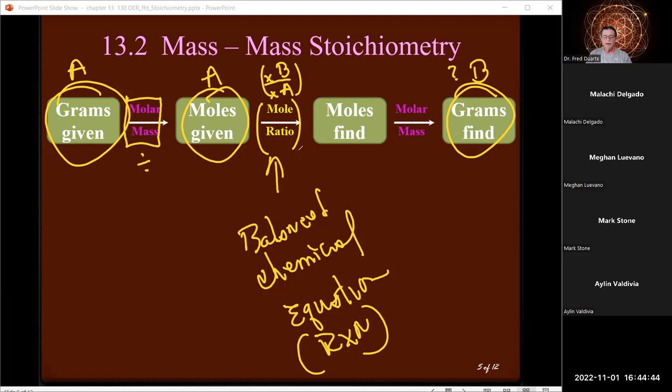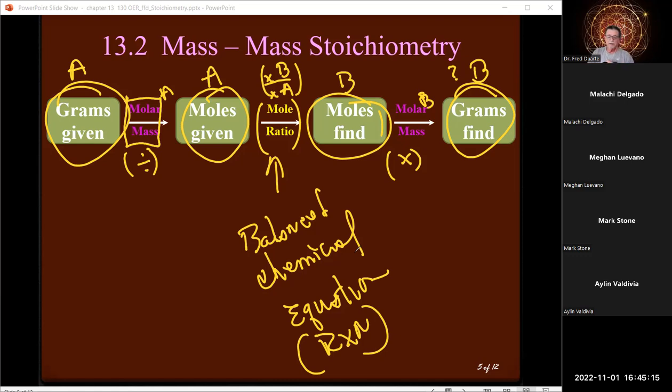And what that does is tell us how many moles of B we're looking for. Knowing the molar mass of B, over here we divided by the molar mass, and generally we multiply by the molar mass. We end up with the grams of B.